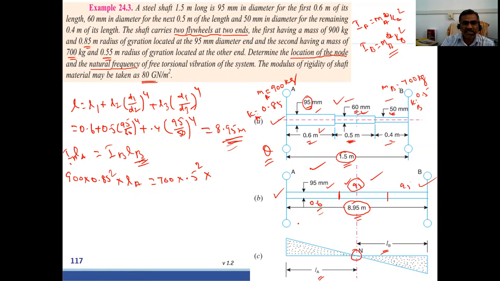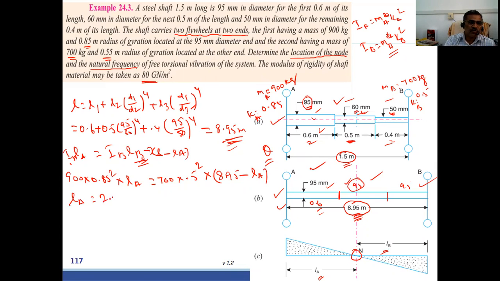The total distance is 8.95, so LB can be written as total distance minus LA. That is 8.95, only the equivalent shaft length you have to put, because first you solve using the equivalent shaft. Divided by LA. So now you can calculate the value of LA.